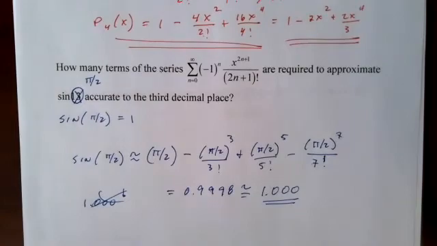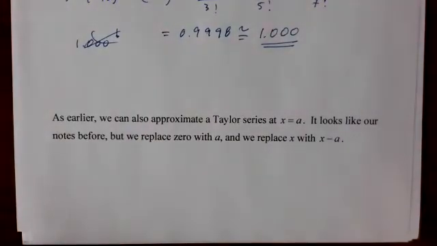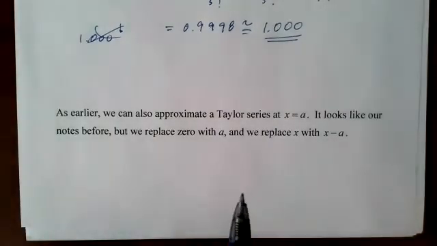So now that you're probably like, okay, I kind of understand that, let's make it harder. That's what we do. So what if we didn't center it at 0? What does that mean? It's not a big deal.